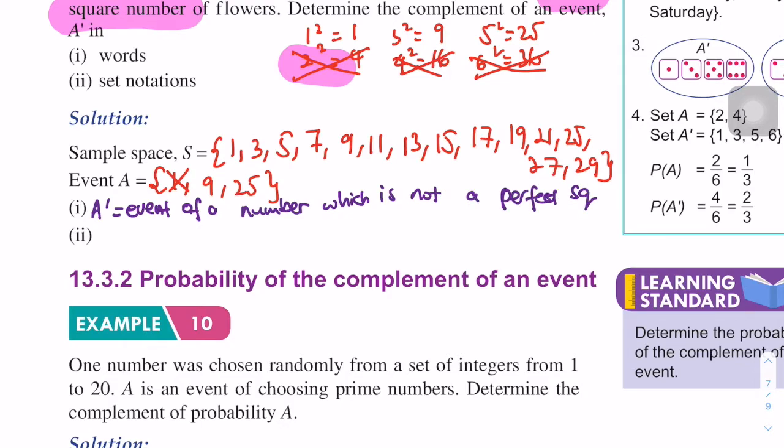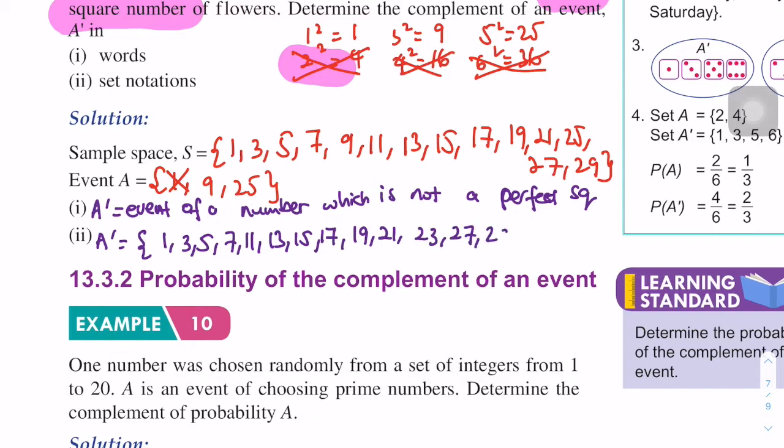Or in set notation we can write it as 1, 3, 5, 7, 11, 13, 15, 17, 19, 21, 23, 27 and 29 without 9 and 25. Okay, boleh?